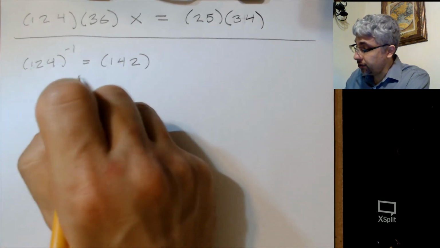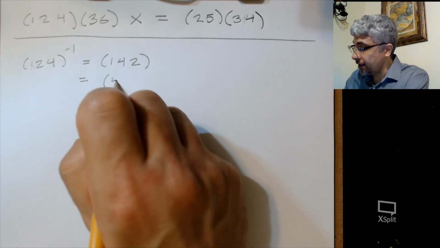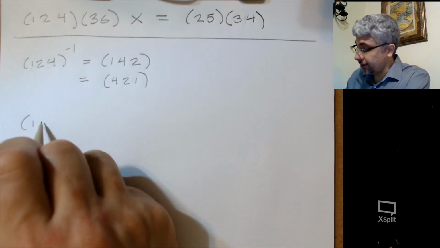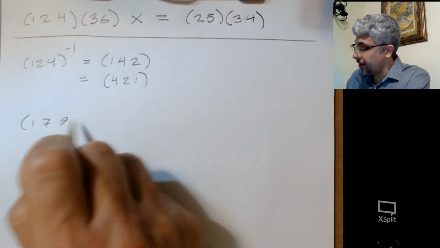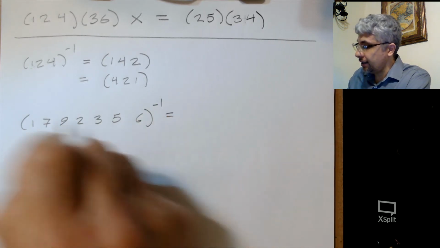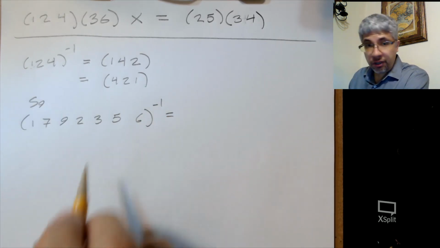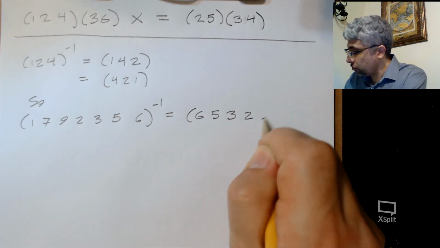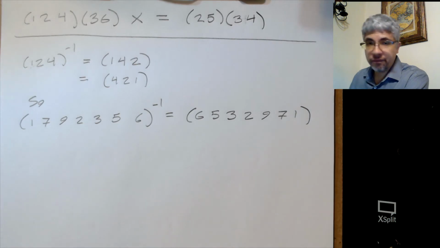I could even do this. If I don't care about how it's written, I can just reverse all the elements. So for example, if I have (1 7 9 2 3 5 6), and this is in S9 now, and I want to know the inverse of this, this is equal to (6 5 3 2 9 7 1).